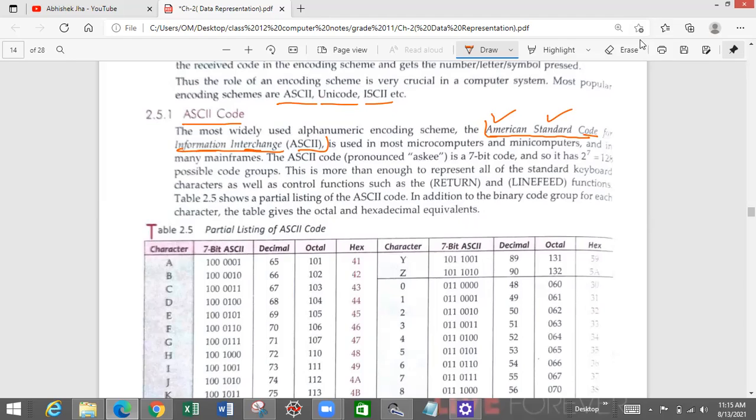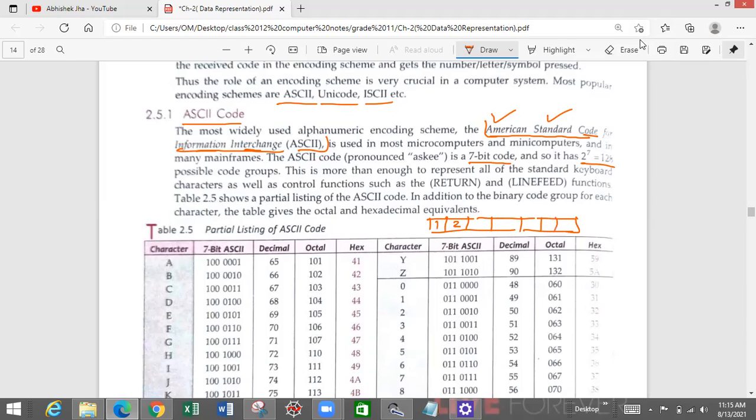So this ASCII code, it is a 7-bit code. So it will accommodate 2 to the power 7 possible combinations or symbols. Why or how? See, I'm saying that in ASCII, everything will be represented using 7 bits. 1, 2, 3, 4, 5, 6, and 7.